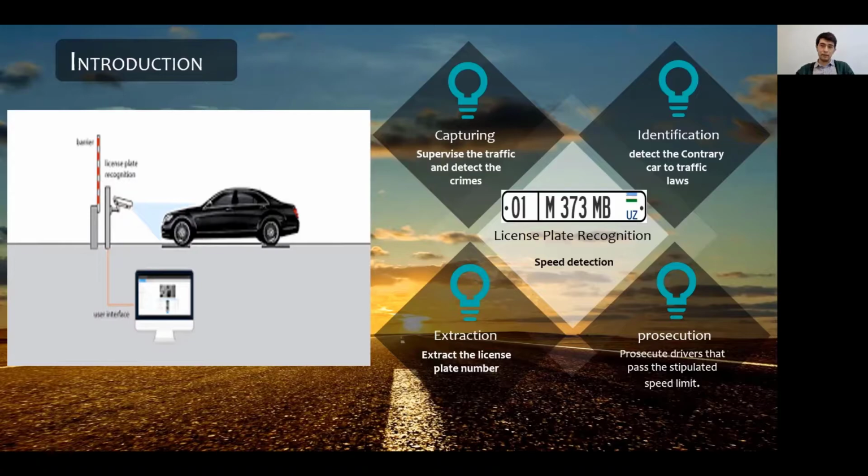Our system, the automatic car plate recognition system, is needed to reduce all this, making capturing, extraction, identification, and prosecution. Totally, it makes such a speed of recognition that it reduces all the problems that we had.